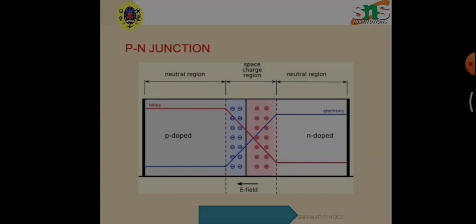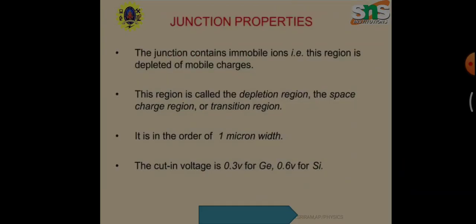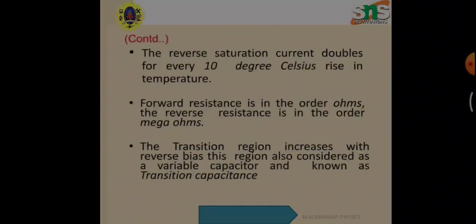The diode thus acts as a rectifier. Now the properties of the junction. The junction contains immobile ions, that is, the region is depleted of mobile charges. The region is called the depletion region, the space charge region, or the transition region. It is of the order of 1 micron in width, and the cutoff voltage is 0.3 volt for germanium and 0.6 volt for silicon.